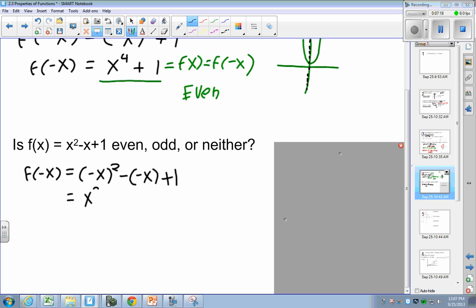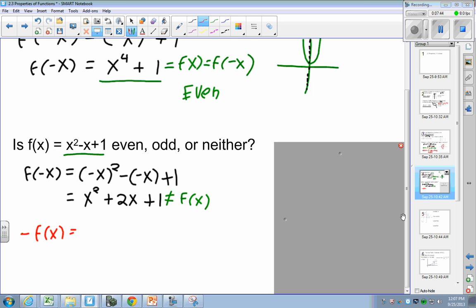Any negative to an even power is always positive. Okay. Well, we can see that this does not equal our original function, so we can say that this does not equal f of x. Therefore, it's not even. Well, then, what is negative f of x equal?